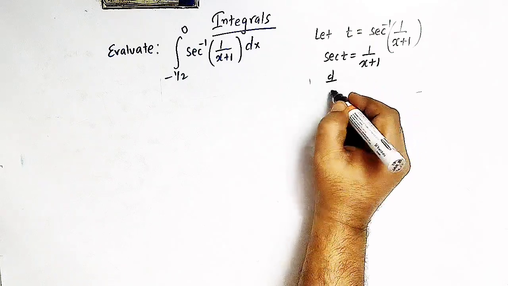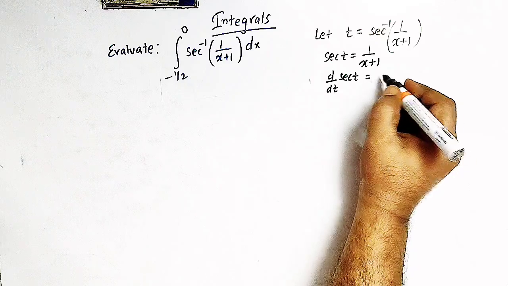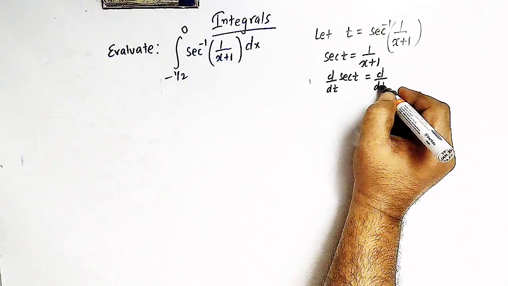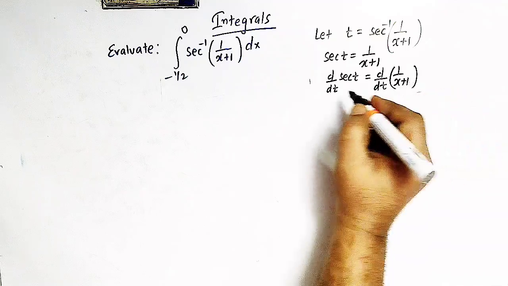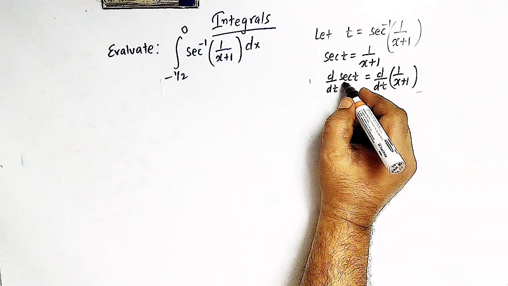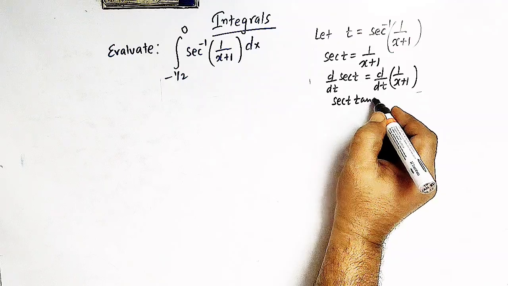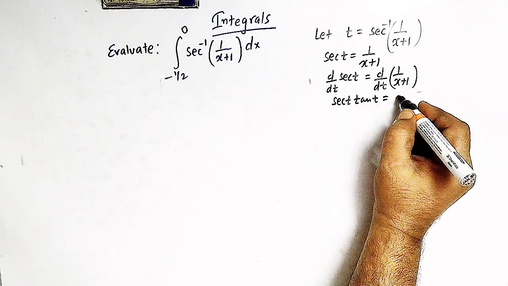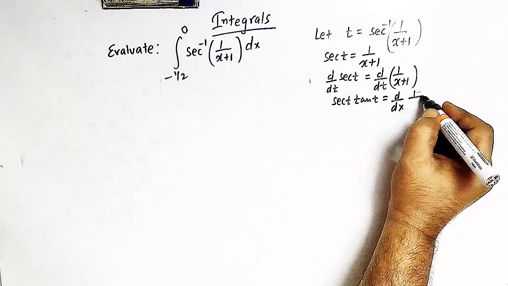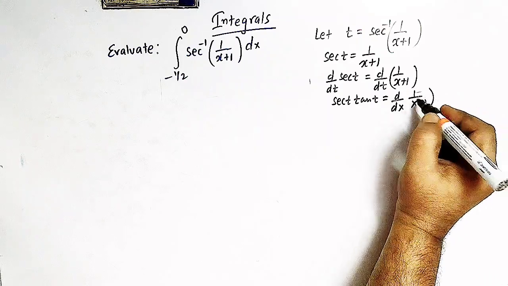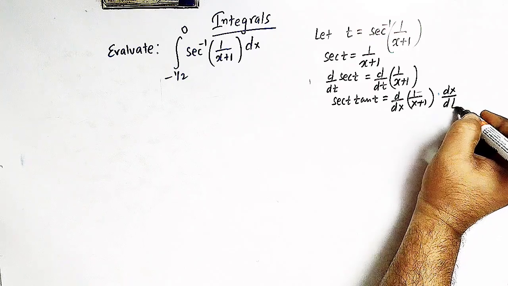So we can now write d by dt of secant t, and here we have d by dt of 1 over x plus 1, right? Now the derivative of secant t is secant t tan t, and here we have d by dx of 1 over x plus 1, and then we can write dx over dt.